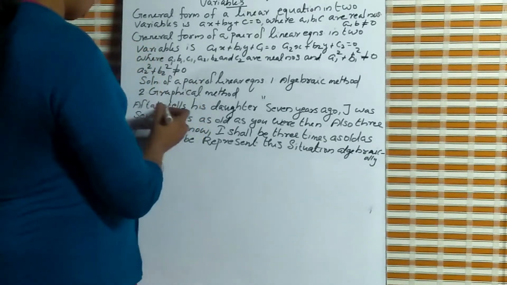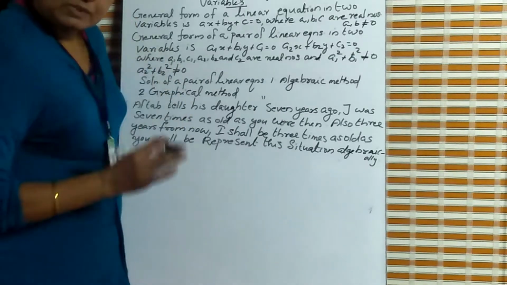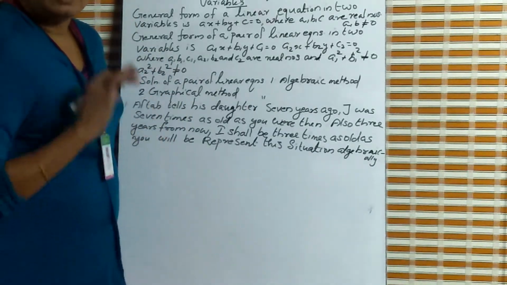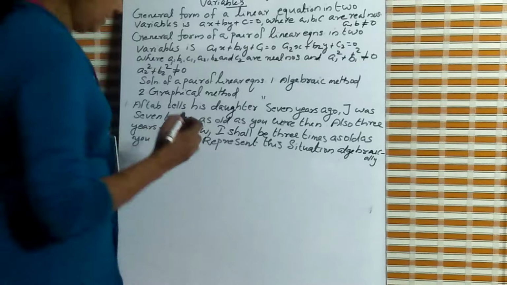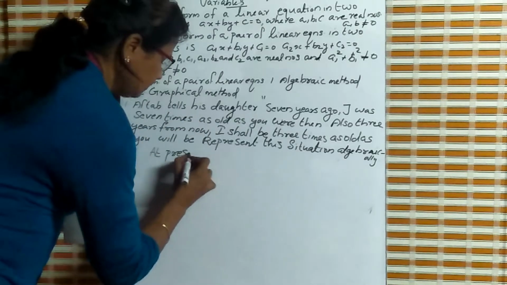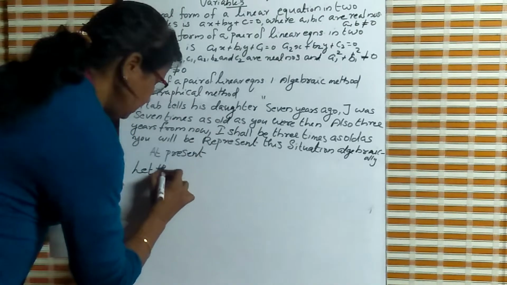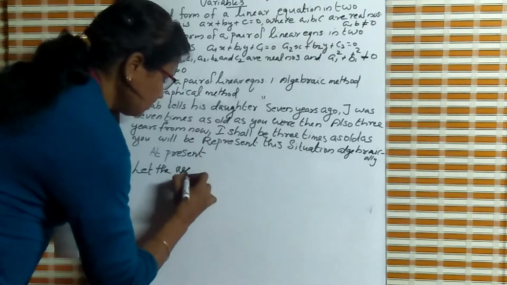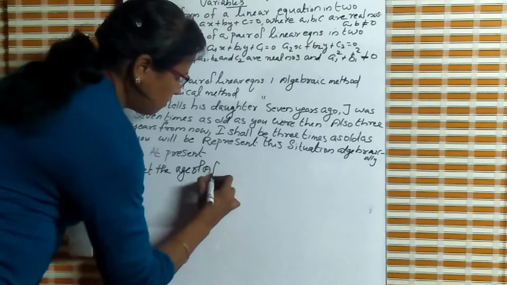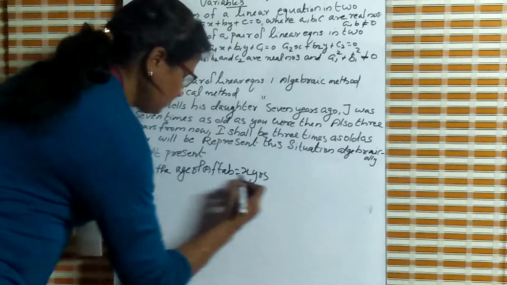For that, Aftab tells his daughter. First we assume the present age of Aftab is x and Aftab's daughter is y. At present, let the age of Aftab be x years.